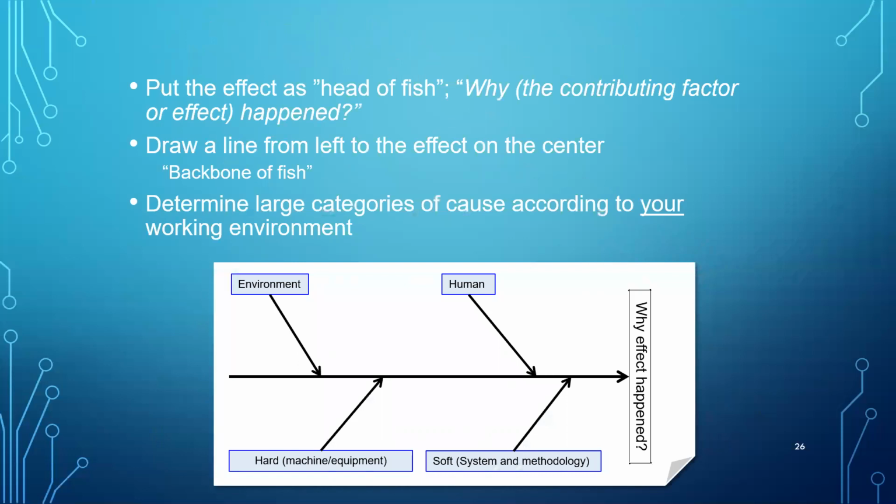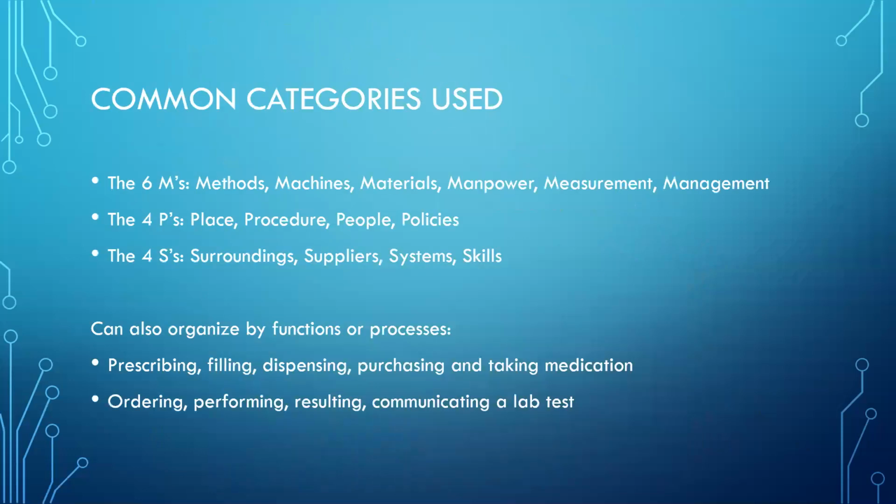So some common categories that people have used for those bones coming off the backbone are methods, machines, materials, manpower, etc. Often a simpler one that I've seen used more commonly is place, procedure, people, policies.